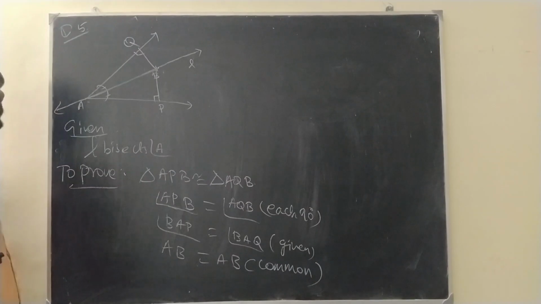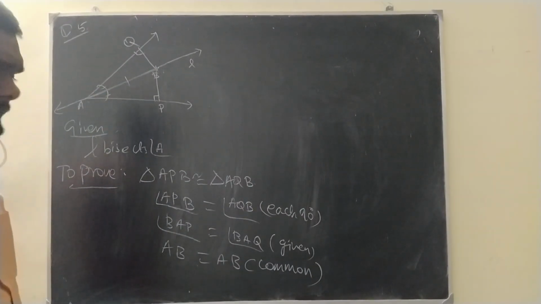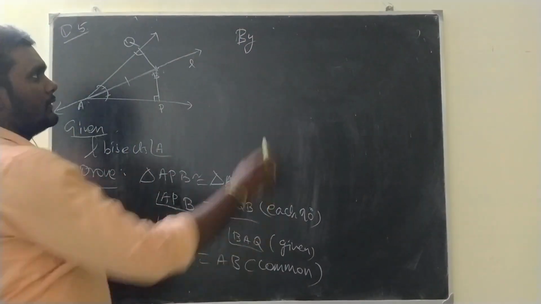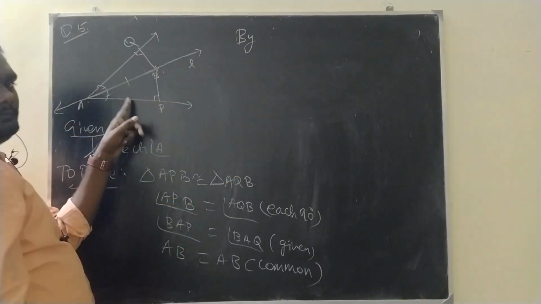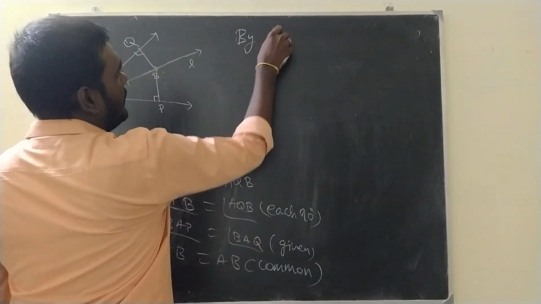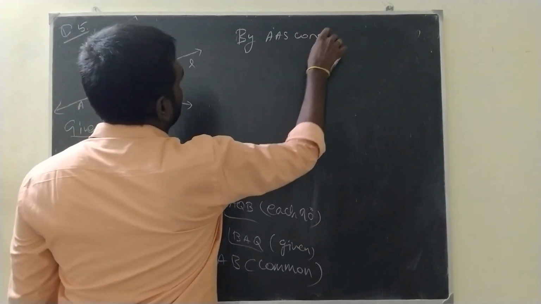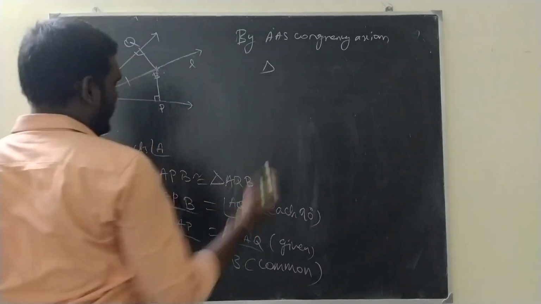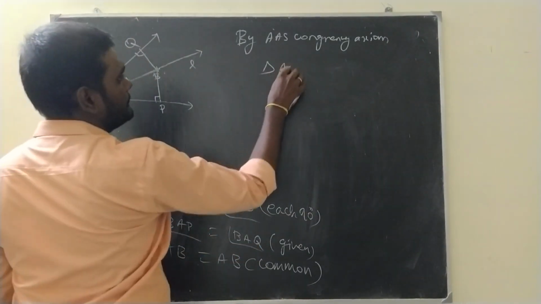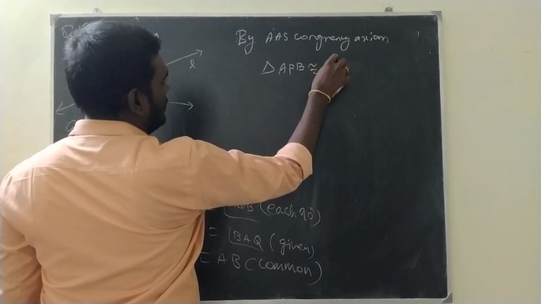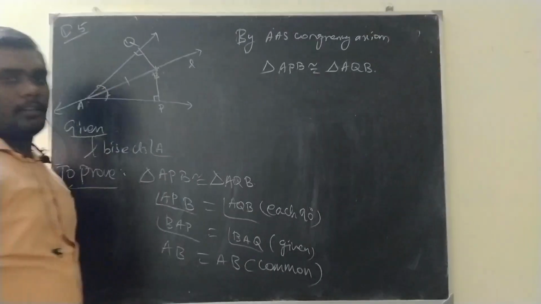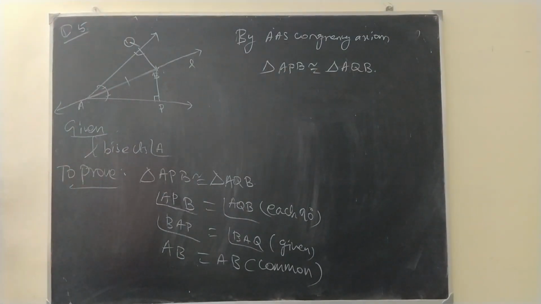So by what congruency rule? AB is common side. So shall we say A is A? AA is the non-common side for this angle. So by AAS congruency axiom, this triangle APB is congruent to triangle AQB. That is all. Is that what we need to prove?